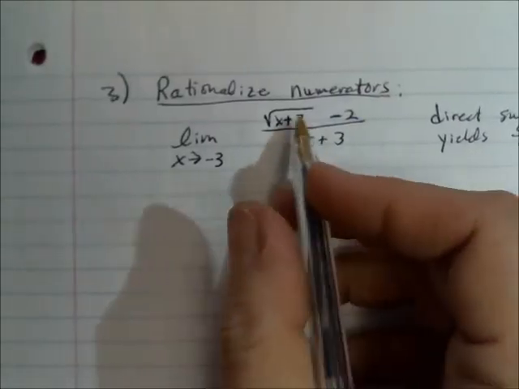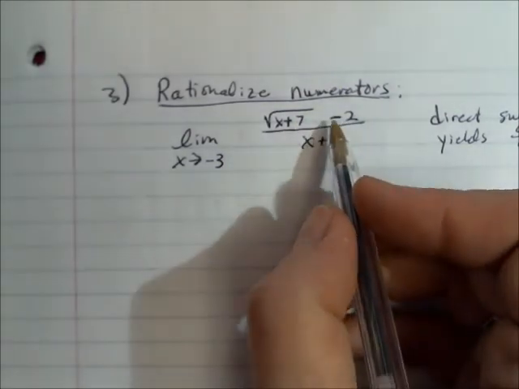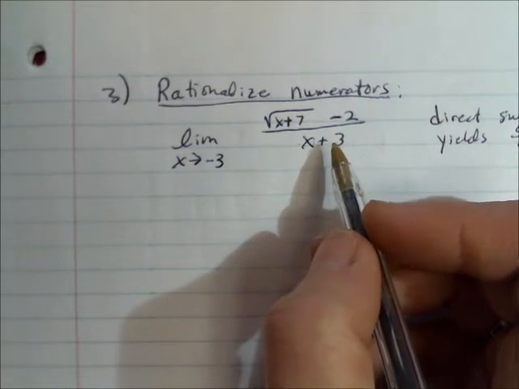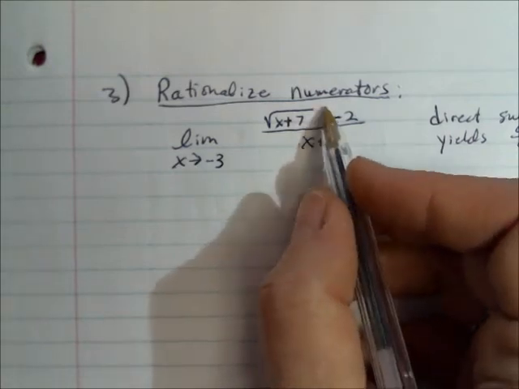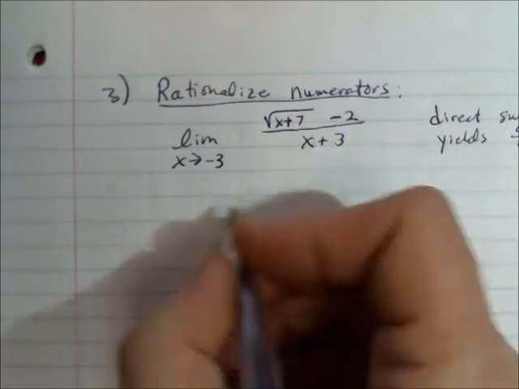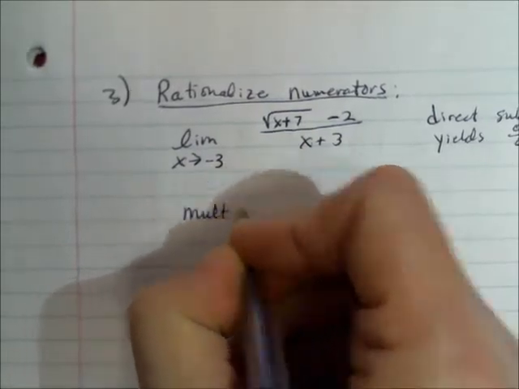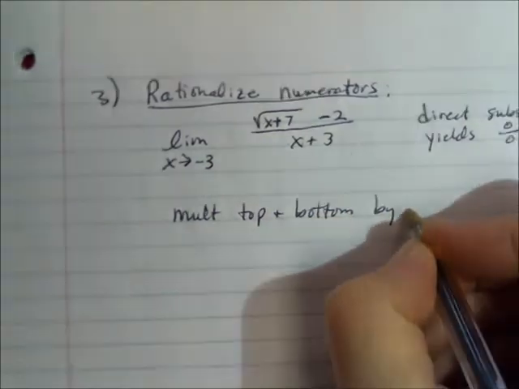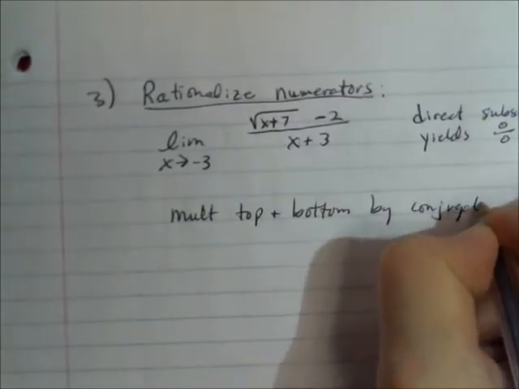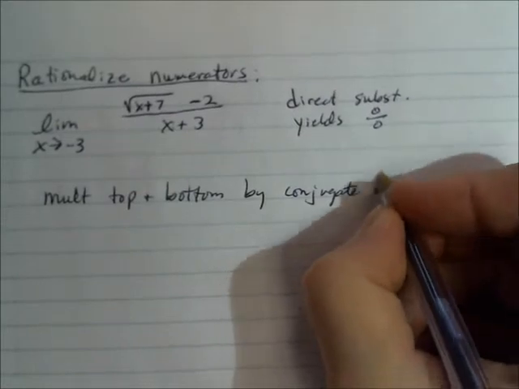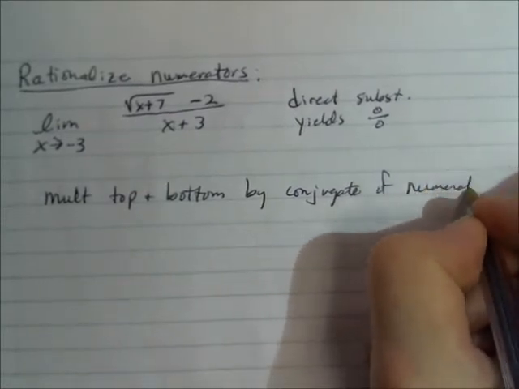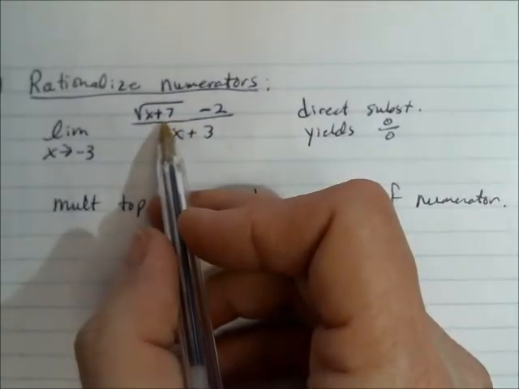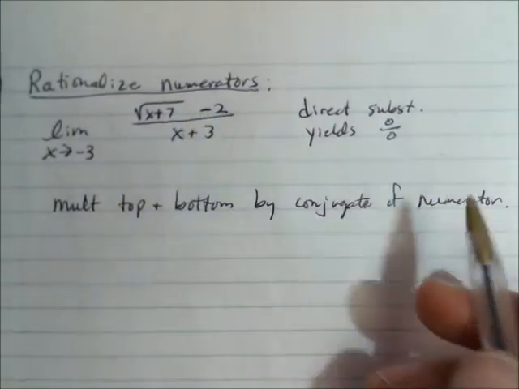Okay, so to rationalize the numerator, you're going to multiply the top and bottom, just like when you rationalized the denominator last year. To rationalize the numerator, multiply the top and bottom by the conjugate of the numerator. The conjugate of the numerator in this example is the square root of x plus 7 plus 2.